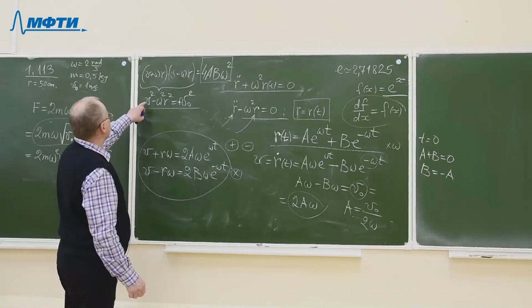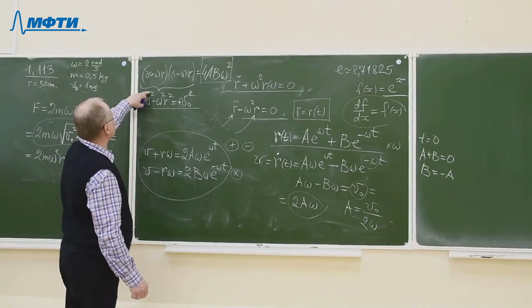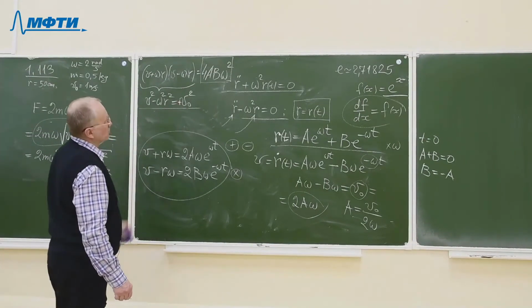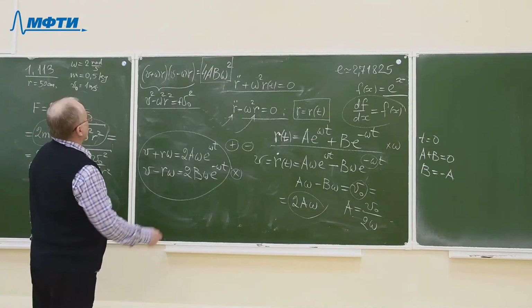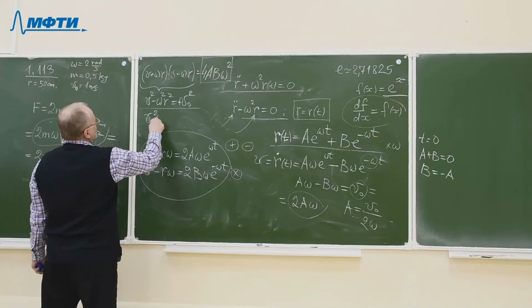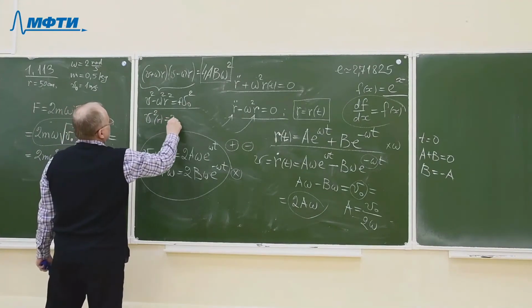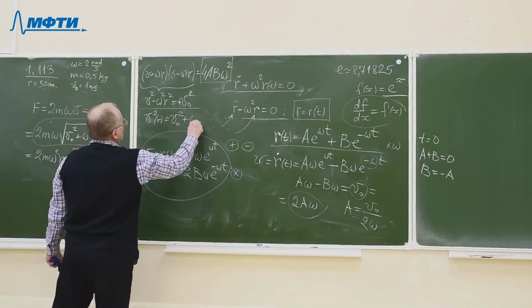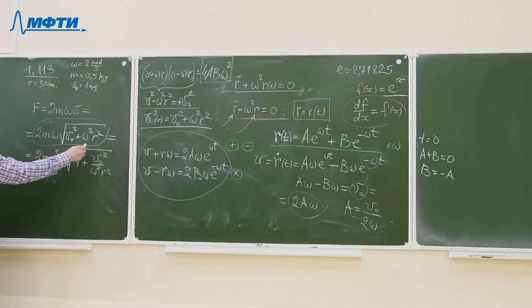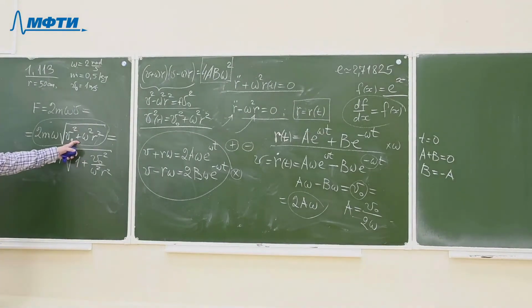Any number squared will give you a positive number, v0 squared positive, certainly. So the final formula will be v as a function of radius: v squared equals v0 squared plus omega squared r squared. We have come to the same formula which we already found using a different method.